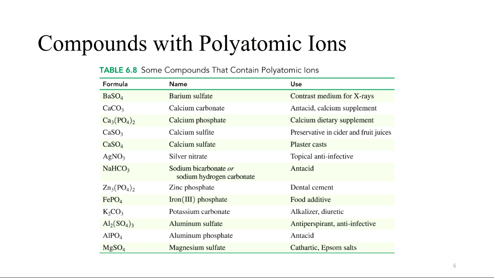These are some examples of famous compounds which, as I said, we use in our daily life, and they contain polyatomic ions. I'm not going to mention all of them, but I recommend that you read them, because in your daily life you are going to see these formulas or compounds a lot, and you will know that, oh, that's a polyatomic ion.